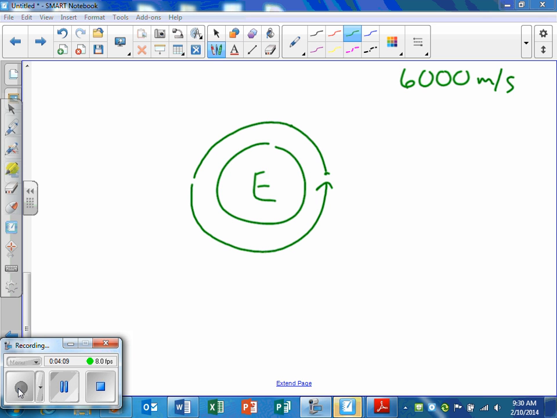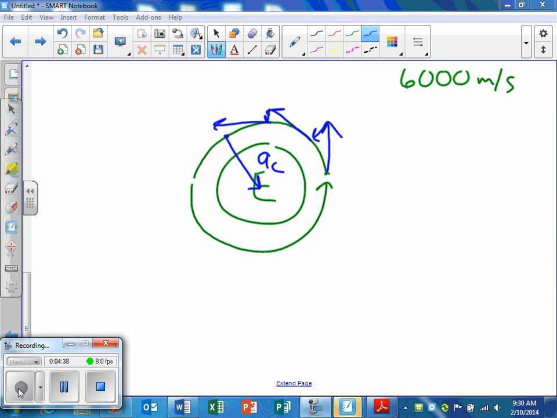Very good. There is definitely acceleration. And the reason is that my tangential velocity is in a straight line. Well, something has to fix that direction change, right? So there's centripetal acceleration, which means towards the center, or center seeking. If the tangential velocity is constant, then it's only changing angle.